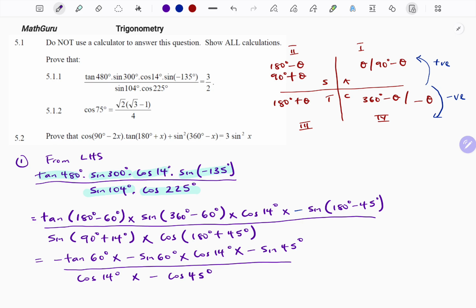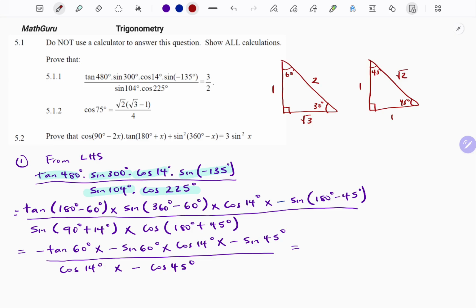Now that I have this breakdown, I can use my special angle triangle to find the value of each. Starting with the common factor at the top and at the bottom, I have cos 14 degrees. Taking out cos 14 degrees, then I have my negative tan 60. That is going to be negative root 3 using my special angle triangle. That's root 3 over 1, opposite over adjacent.